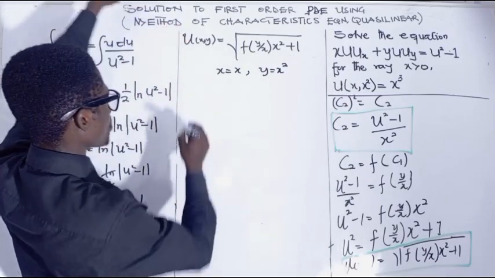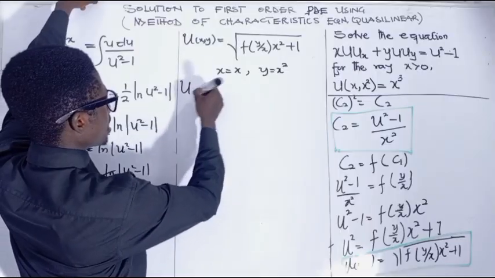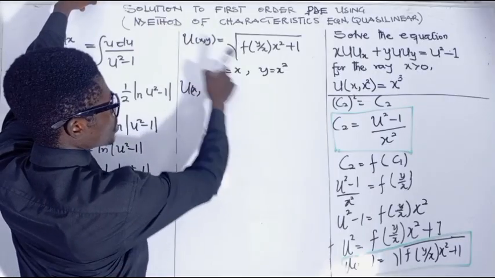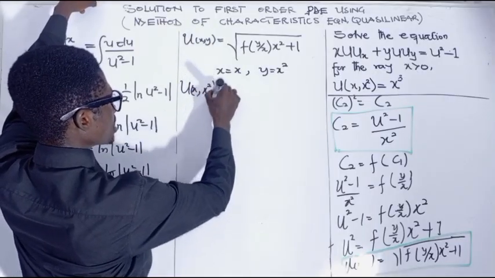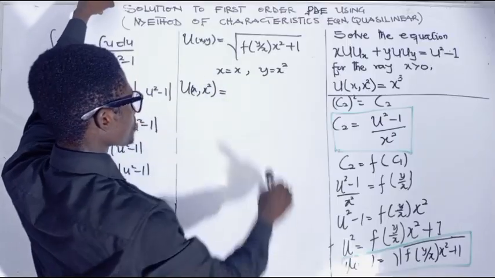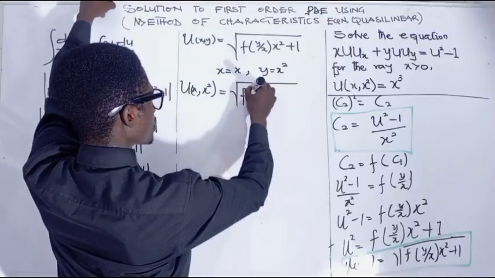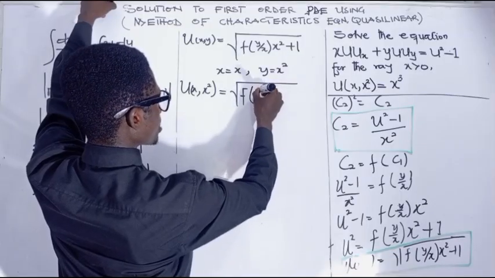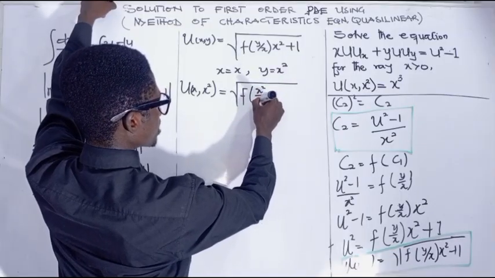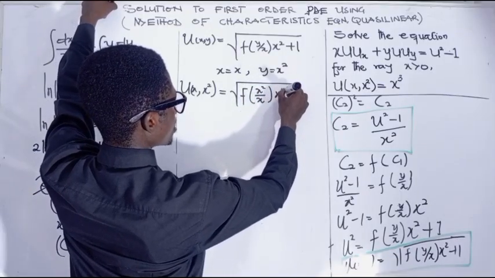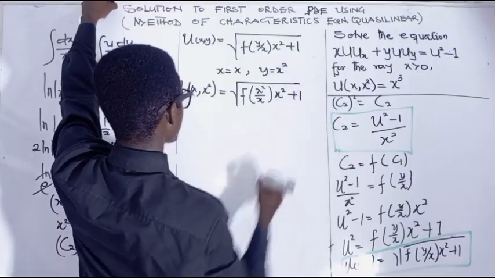So from the general solution, we have u at x, x squared is equal to the square root of a function, our y is x squared, all over our x is still x, and then we have x squared plus 1.